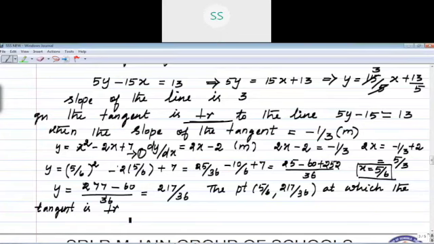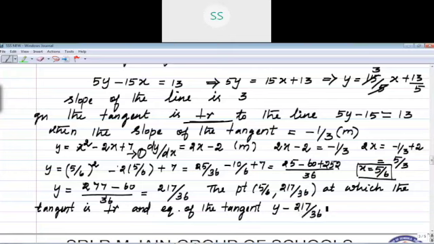The equation of the tangent: y minus y1. Straight away I'm going to substitute, right?